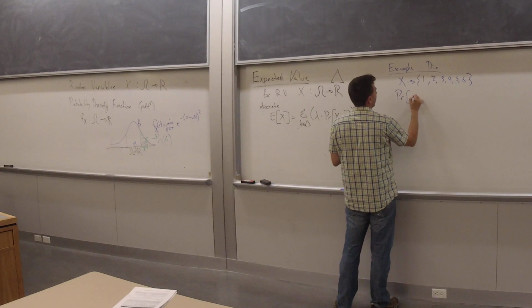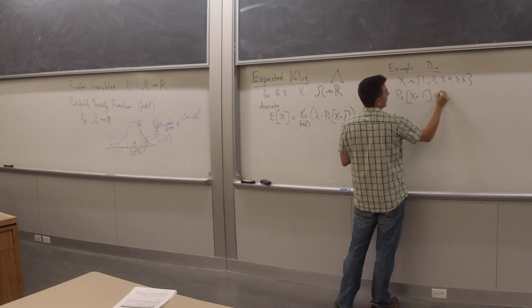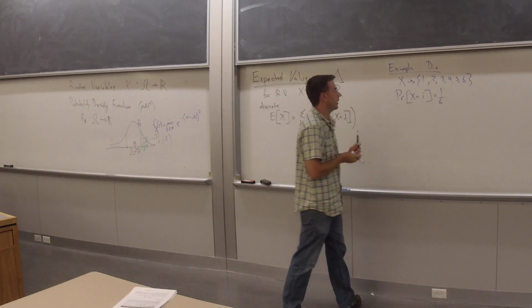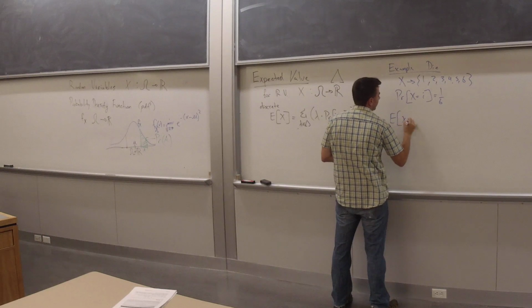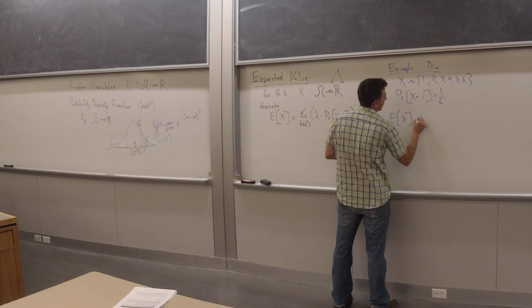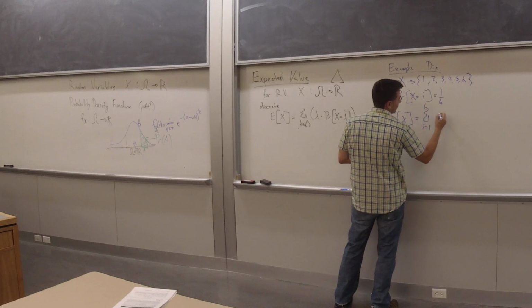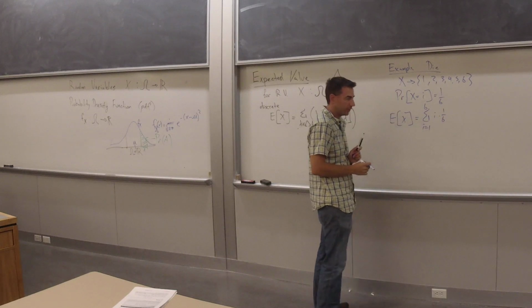The probability that x equals any value equals 1 over 6, right? So for anything in this domain. Then the expected value of x is going to be the sum, i equals 1 to 6, of i times 1 over 6.